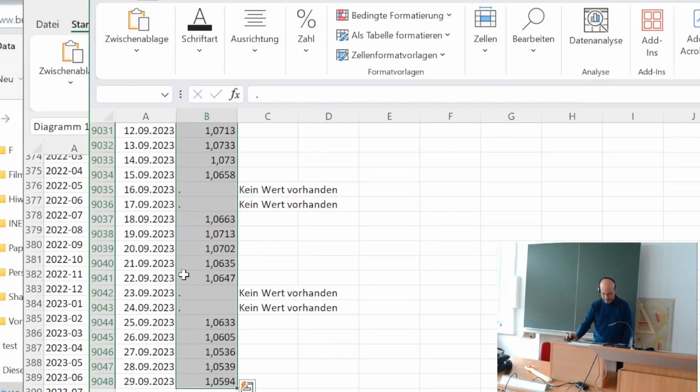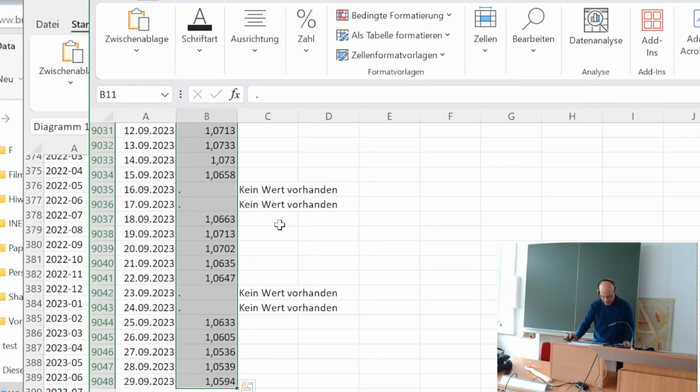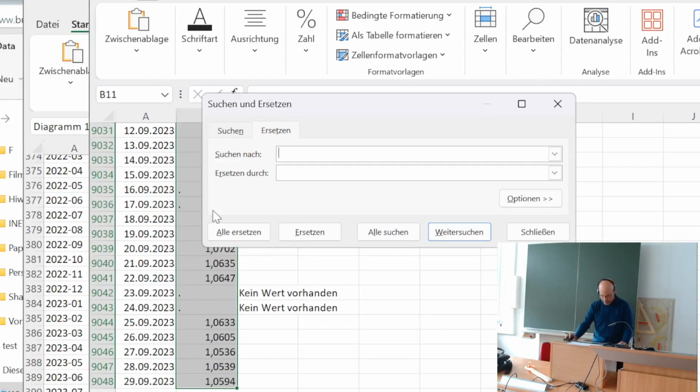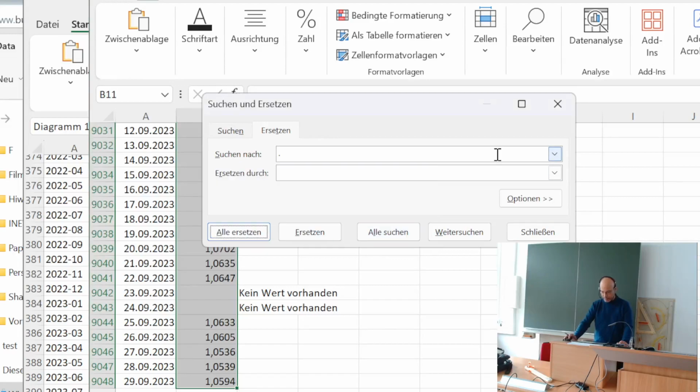And well, then just mark everything, right click, no, not right click, but I think Control H, is it? Yeah, and then we can say put all these dots out of my file.